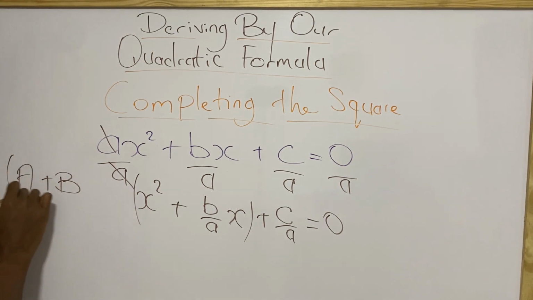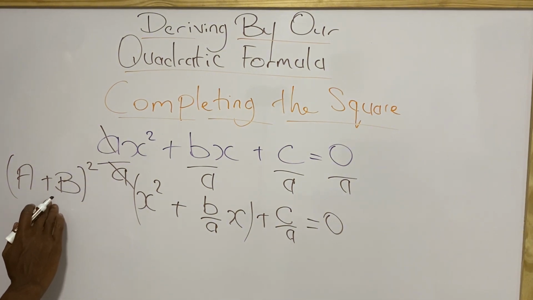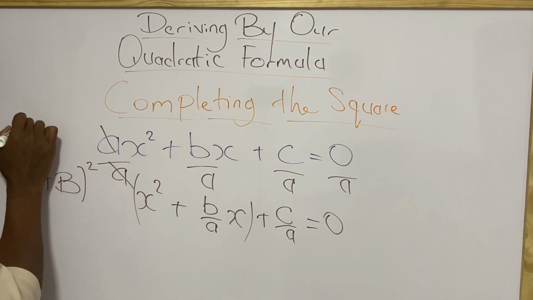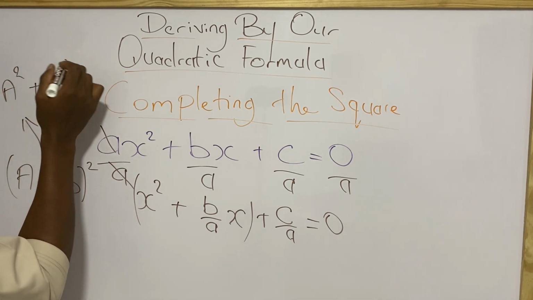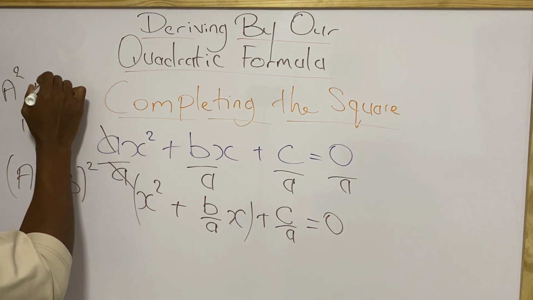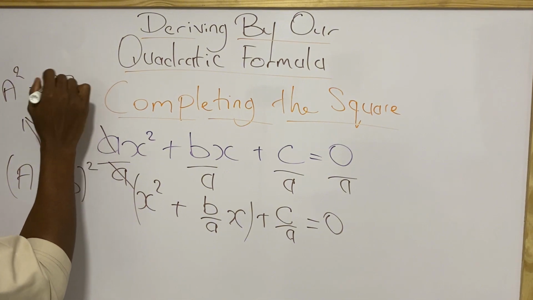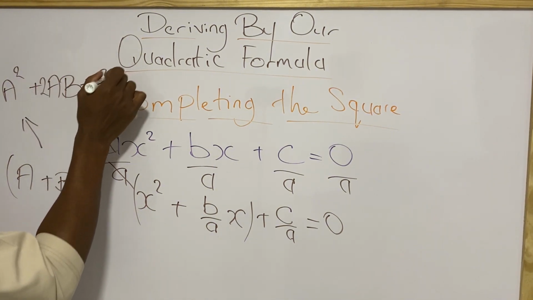Perfect squares are usually written out like this. This is the format in which a perfect square is given: a squared plus 2ab plus b squared.